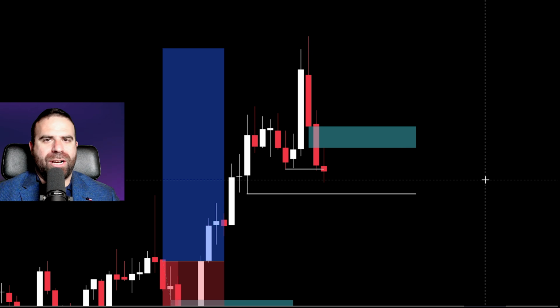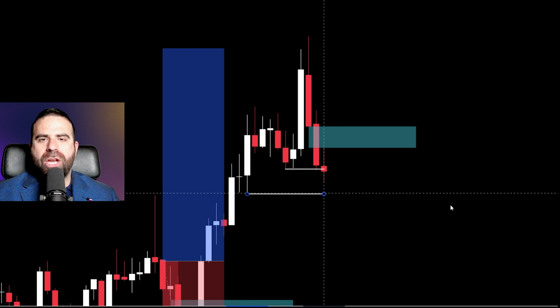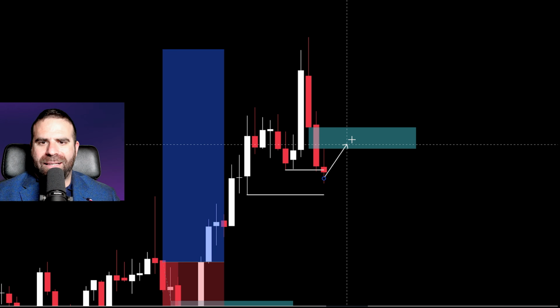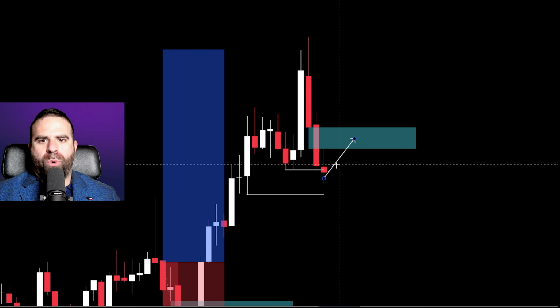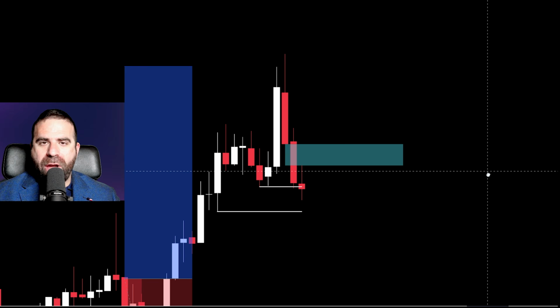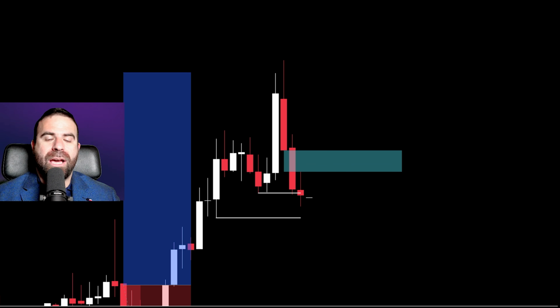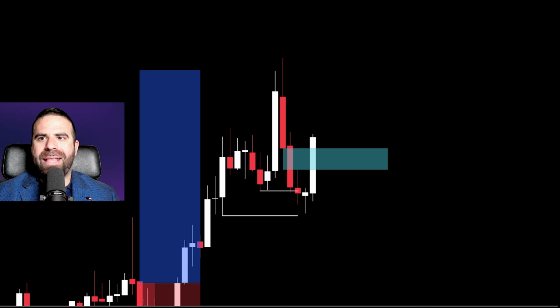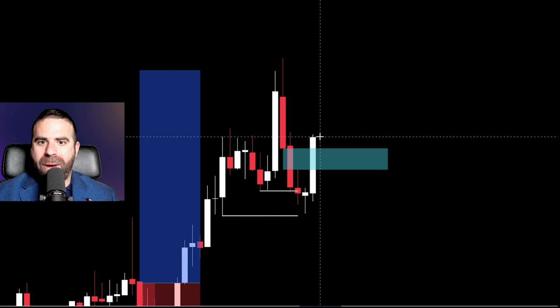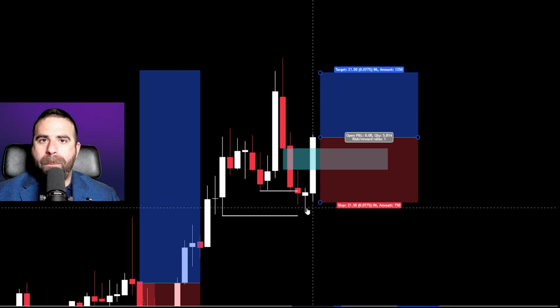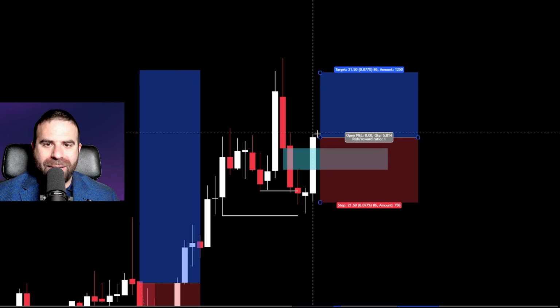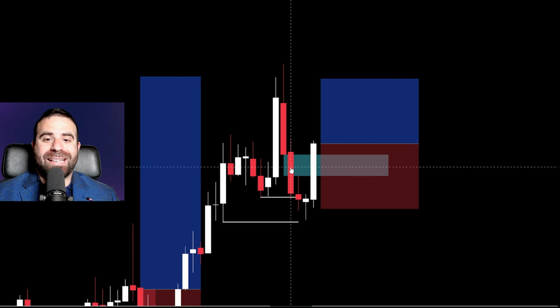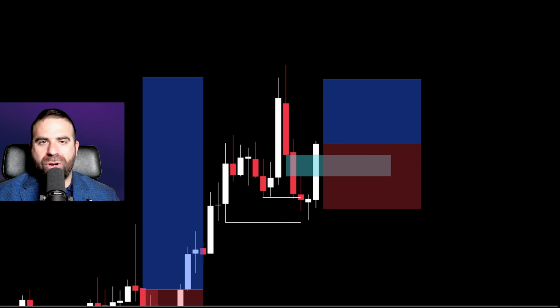Again, beginners, don't get confused. You will not trade that like that, okay? You will be waiting for this fair value gap to be penetrated with a body of a 5-minute candlestick in this occasion, and we have seen the penetration right here, and you will be taking your trade with the market execution and the stop loss below the candlestick that penetrated this FVG and has turned it into an inversion fair value gap.